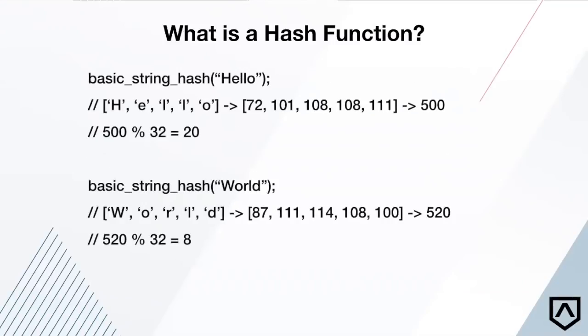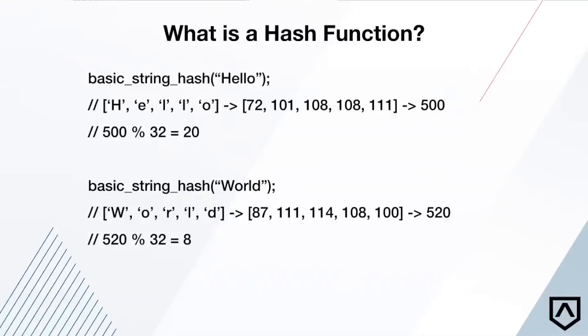So if we were to hash, say, the basic string hello, capital H resolves to 72, lowercase e is 101, L is 108, we do that twice, and O is 111. And if we add those all up, we get 500. And then if we do 500 modulo 32, we get 20. So this is a very, very basic hash function that will turn this key, which is the string hello, into an integer, which is, in this case, 20.